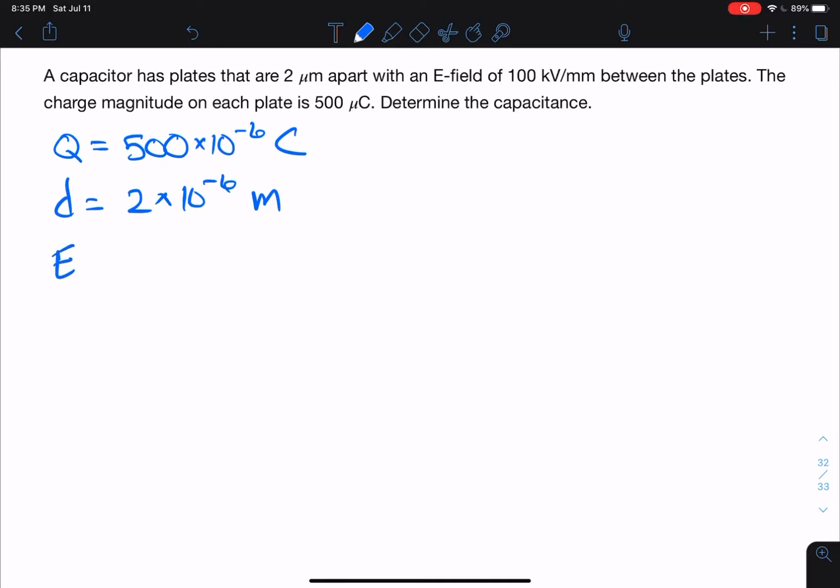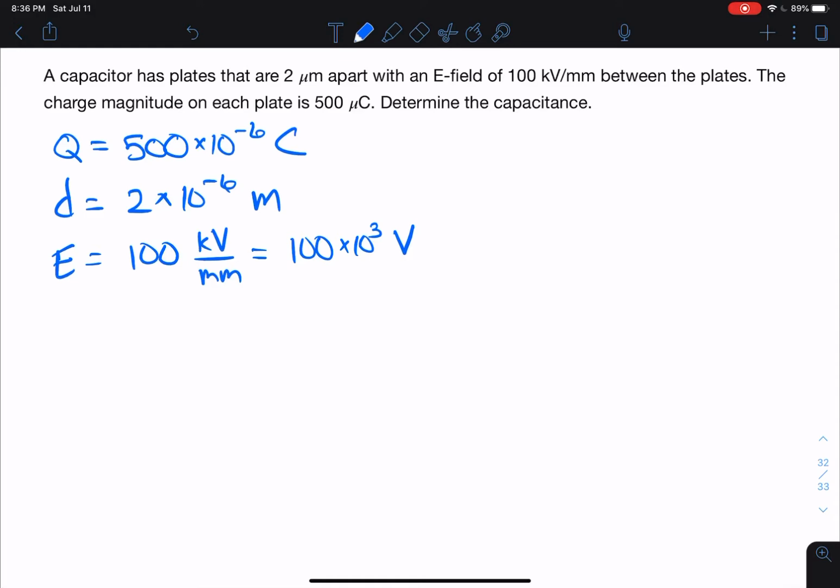And I know the E field, that's 100 kilovolts per millimeter. Kilo is times 10 to the third, so this is 100 times 10 to the third volts.